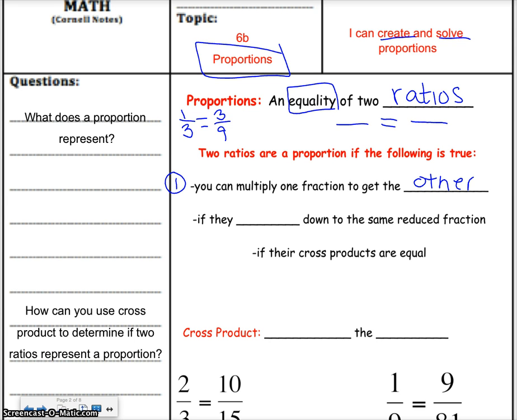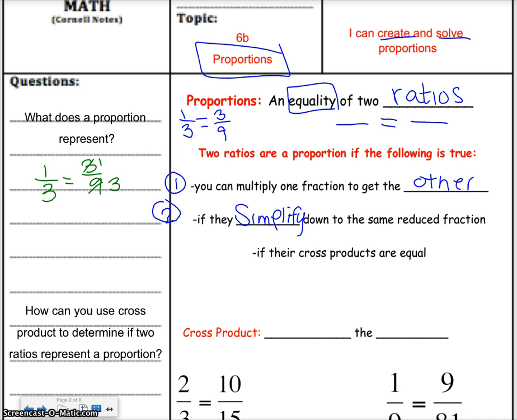I can multiply 1/3 times 3, both the numerator and denominator by 3, and I get 3/9. Second strategy: see if they simplify down into the same thing. Simplify them. See if they're the same fraction. Like if I have 1/3 and 3/9, well, 3/9 is 1/3. Yep, they're a proportion. Proportion, equal fractions.